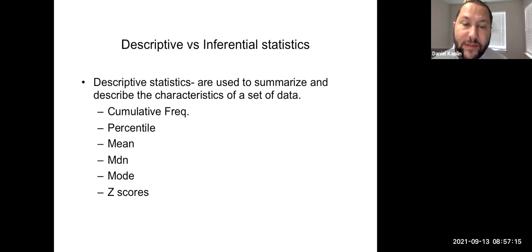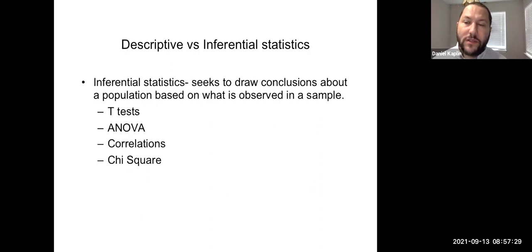Now, what I will tell you is that the first half of psych stats is all about descriptive statistics. But if we want to draw meaningful conclusions about a population based on our sample, we need to know inferential statistics.